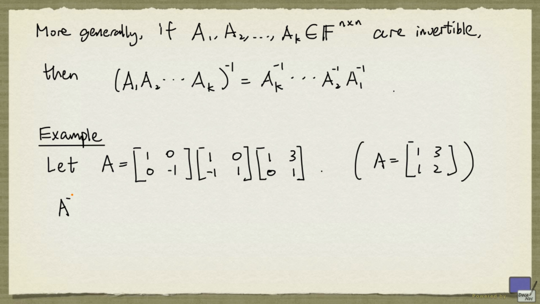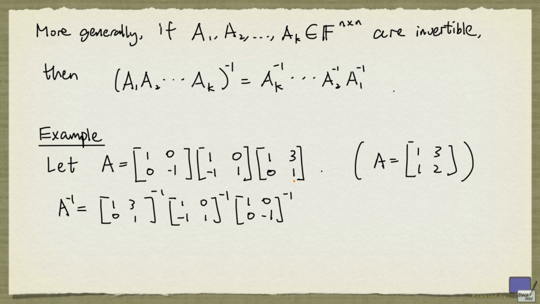So, to form A inverse, we just reverse the order of these matrices and take their inverses. So, we have [1, 3; 0, 1] inverse times [1, 0; -1, 1] inverse times [1, 0; 0, -1] inverse. But as mentioned before, these are elementary matrices, so forming the inverses is quite easy.